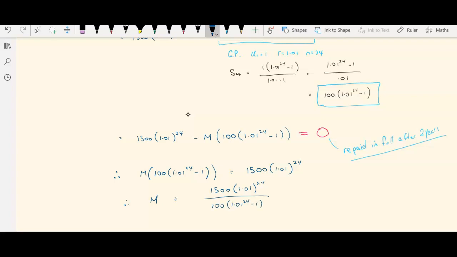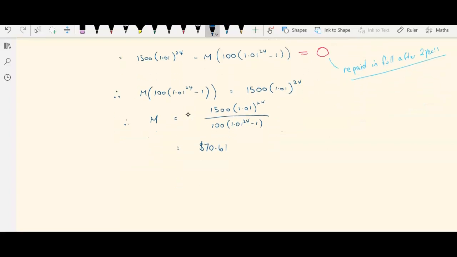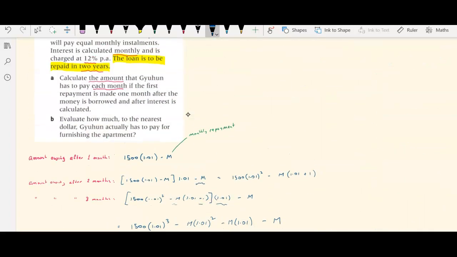And that, I think, gets us $70.61. And so that's the monthly repayment. So therefore, monthly repayment is $70.61.